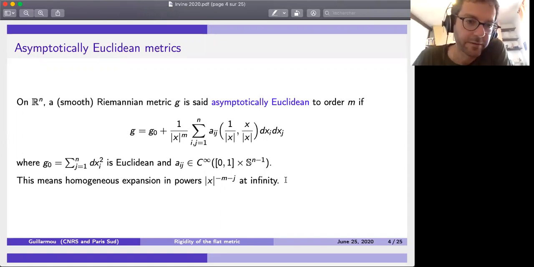In fact, in the result, we don't need a full expansion. We just need an expansion to a certain order. But to simplify, we have just assumed that g has a full expansion at infinity.